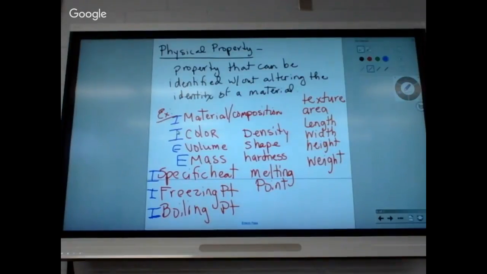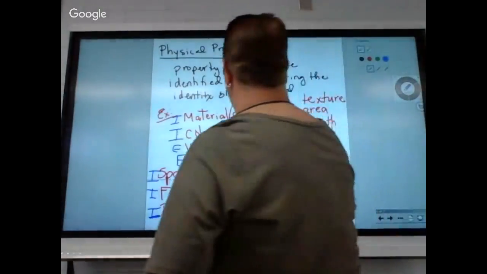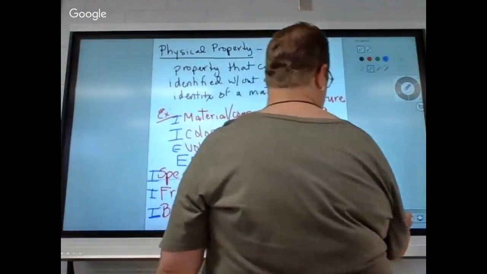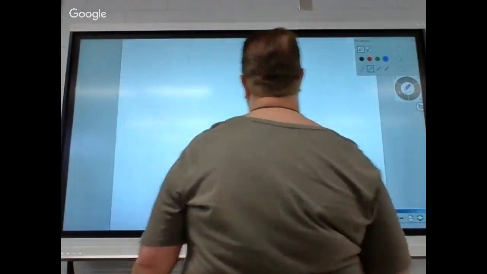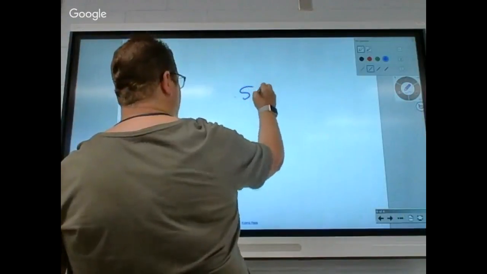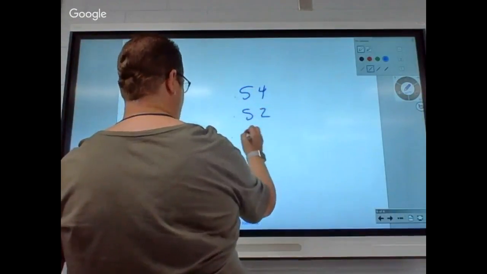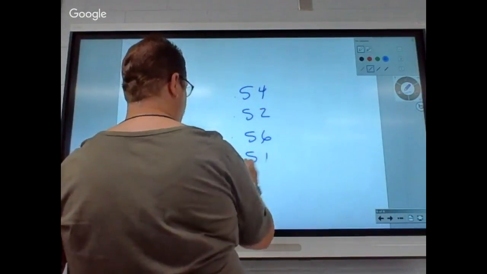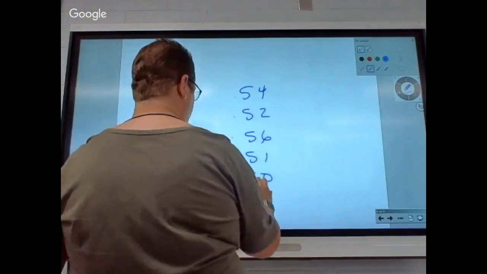This is the question we all got wrong on the lab. Intensive. The density of the block of the wood. If I went around and gathered y'all's lab papers, almost every single one of y'all have 0.54, 0.52, 0.56, 0.51, 0.50, 0.49.